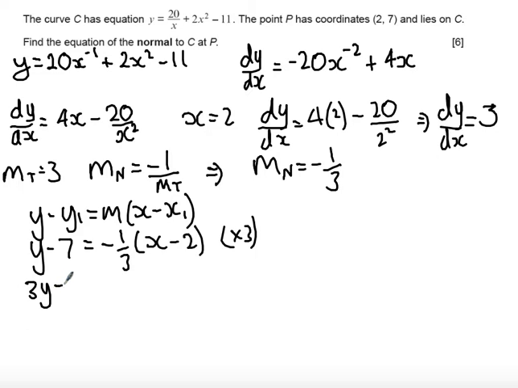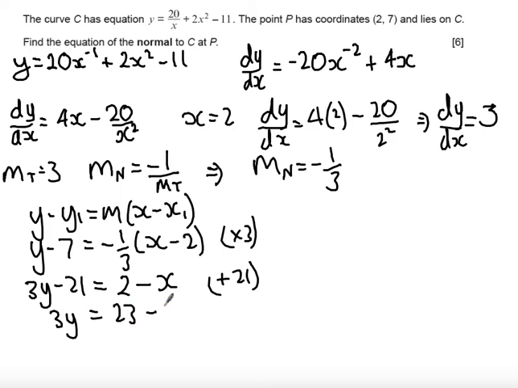So we get 3y minus 21 equals minus 1 times minus 2 is 2, minus 1 times x is minus x. Just predicting, I can see there's a negative, so it's going to reverse those two terms. And I'm just going to add 21 to both sides. So we get 3y equals 23 minus x. And so now we have the equation of the normal.